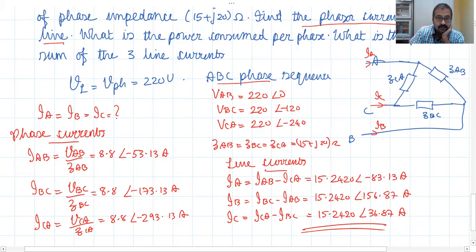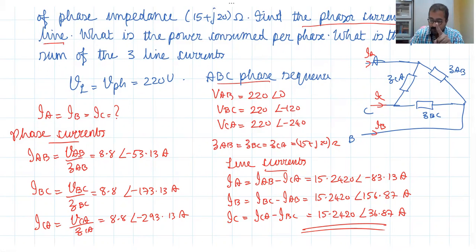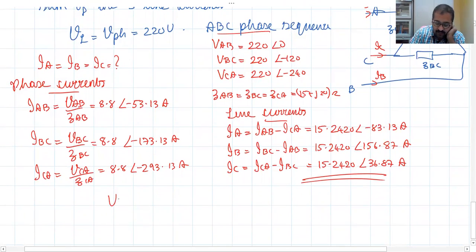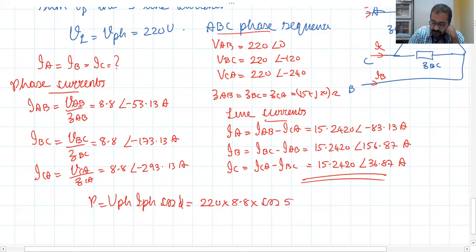Now, what's the next question? You have to find how much is the power consumed per phase, not the total three-phase power, but power consumed in each phase. How will you find that? VPH, IPH, cos phi. What is VPH? 220. What is IPH? 8.8, into cosine of 53.13. That should be around 1161.6 watts.